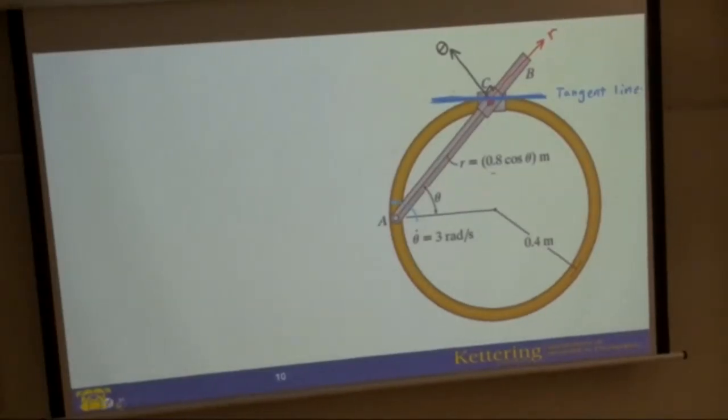Then, I want to draw a free body diagram. To draw a free body diagram, I need to show these forces. Somewhere you can list normal force, frictional force, weight, and the applied force. Normal force is perpendicular to the tangent line. This is the normal force. Check. There is no friction.